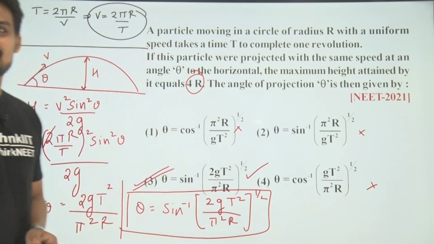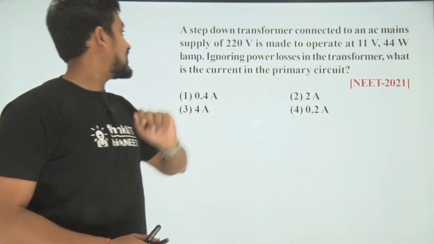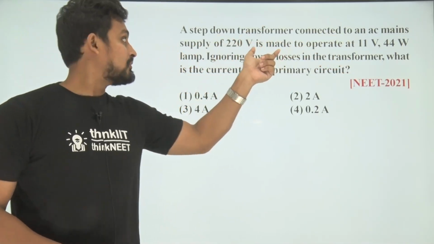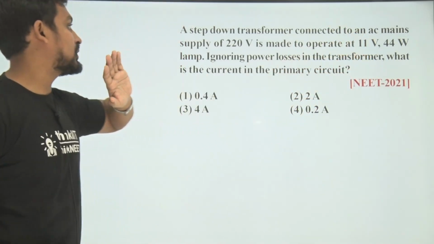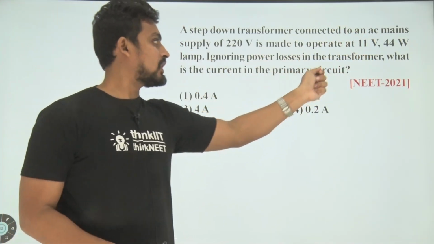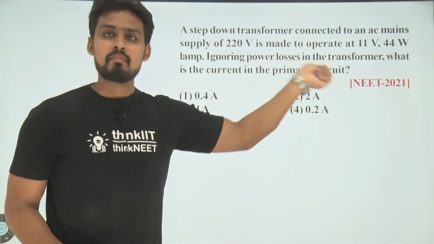Thank you. Okay, so the question says that a step-down transformer connected to an AC mains supply of 220 volt is made to operate at 11 volt and 44 watt lamp. Ignoring power losses in the transformer, what is the current in the primary circuit?